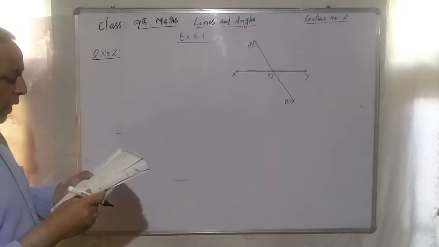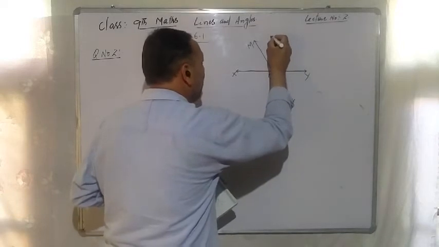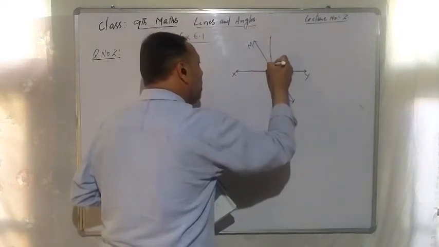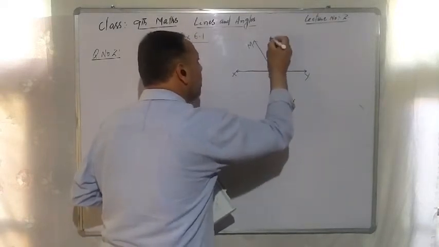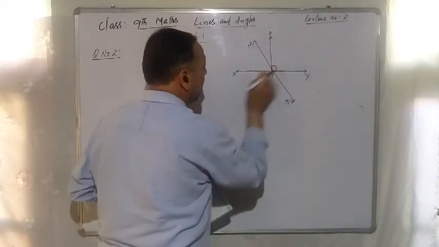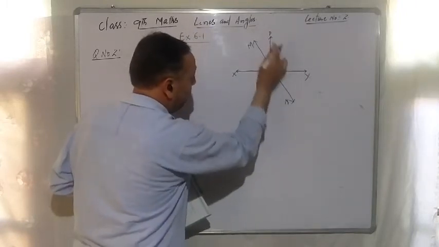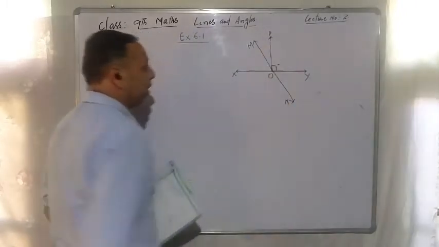Angle POY is 90 degrees. Here we have another ray OP perpendicular on XY. OP perpendicular on XY means angle POY is 90 degrees.